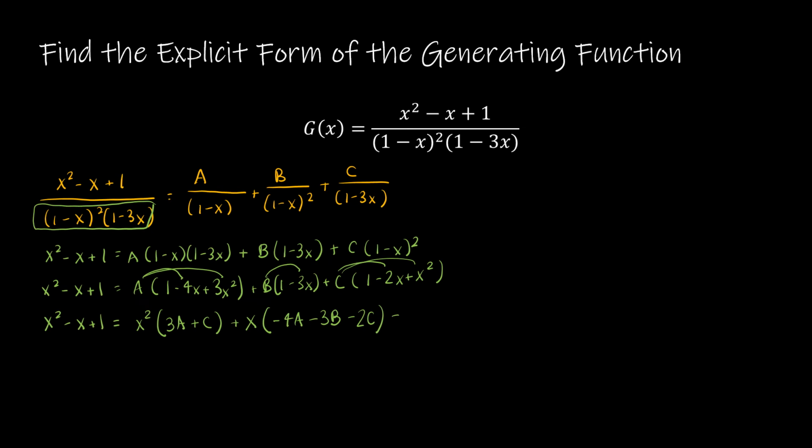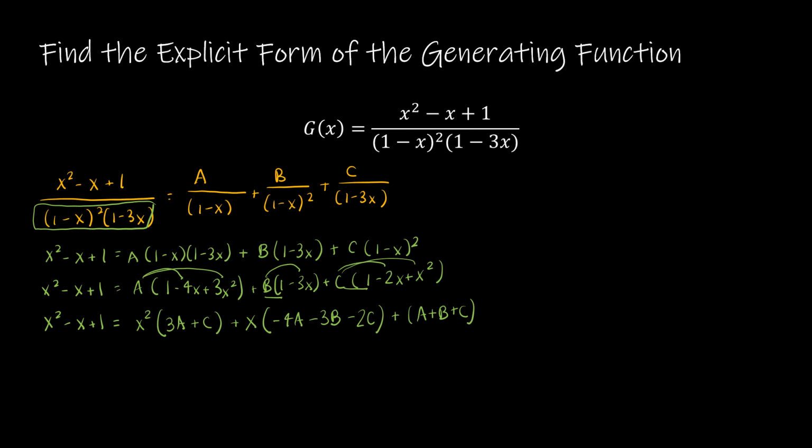And then what do I have left for constants? I've got 1A, I've got 1B, and I've got 1C. So how am I going to rewrite this into a system of equations?